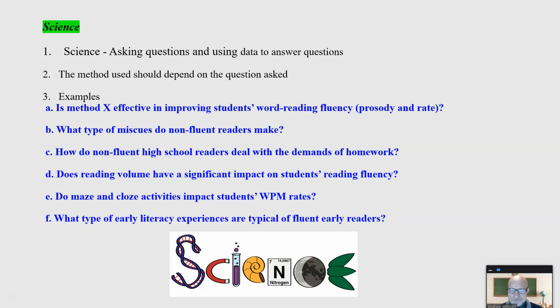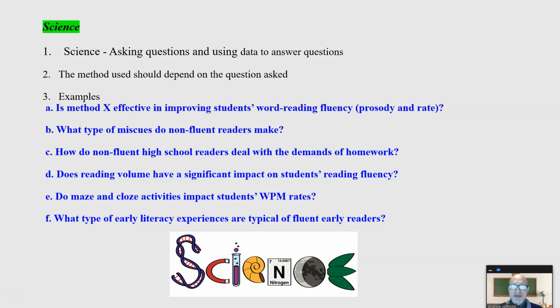Some examples. Is method X effective in improving students' word reading fluency? Well, yes, that clearly calls for quantitative research, controlled experimental research. What type of miscues do non-fluent readers make? Well, that calls for qualitative. How do non-fluent high school readers deal with the demands of homework? Again, qualitative.